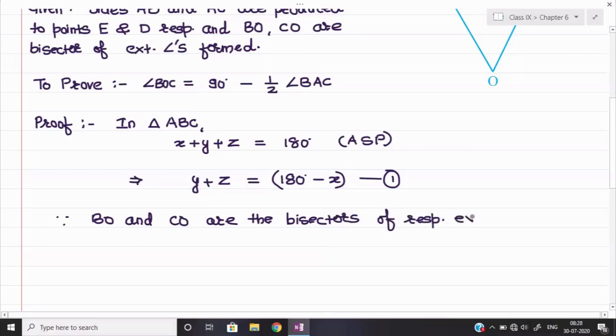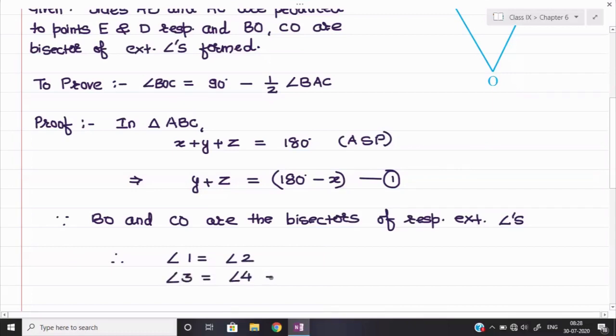So here no need to mention the names, respective exterior angles. Therefore we can say that angle 1 is equal to angle 2 and angle 3 is equal to angle 4.